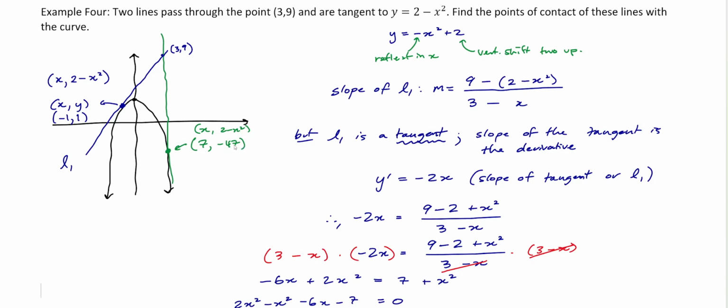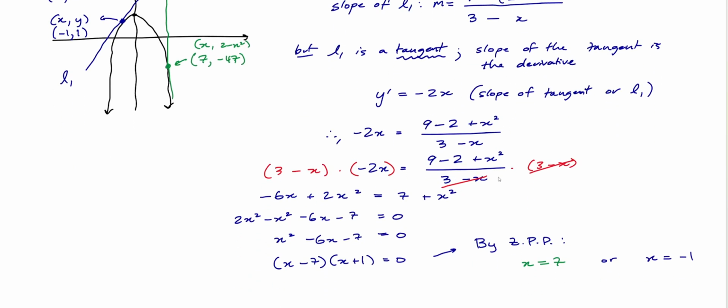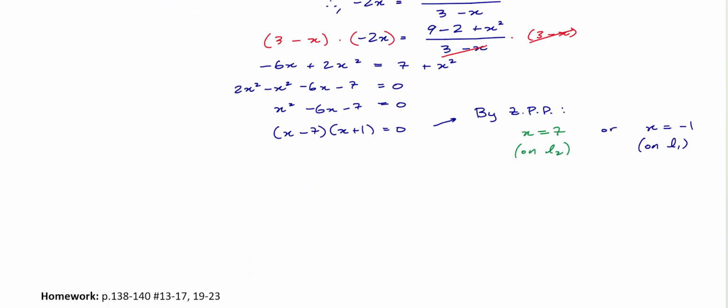But I do have my 2 points. I have my x value, I just sub my x value in. Sub x is equal to 7. y is equal to 2 minus 7 squared. y is equal to 2 minus 49. y is equal to negative 47.